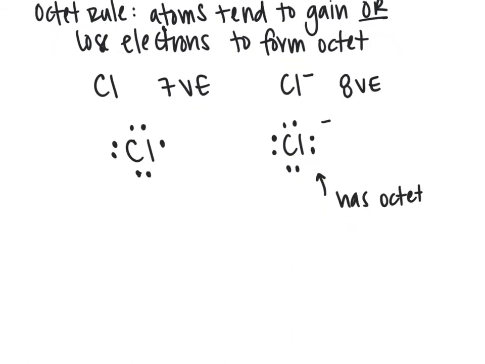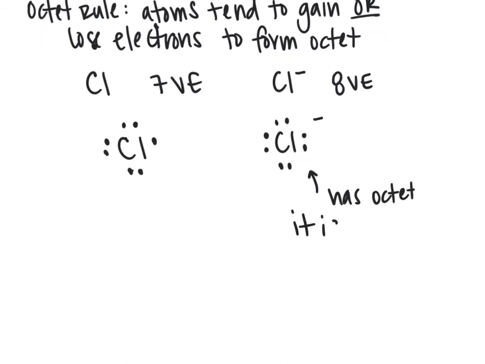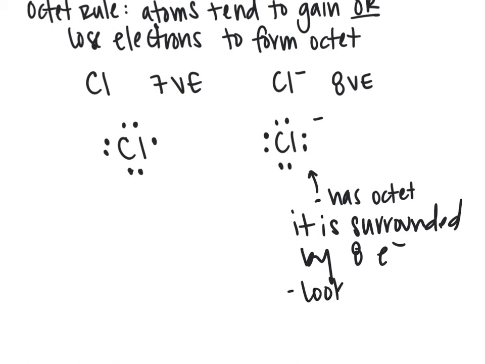which means that it is surrounded by 8 electrons. It also means that it looks like a noble gas. We know that a noble gas has a full octet.